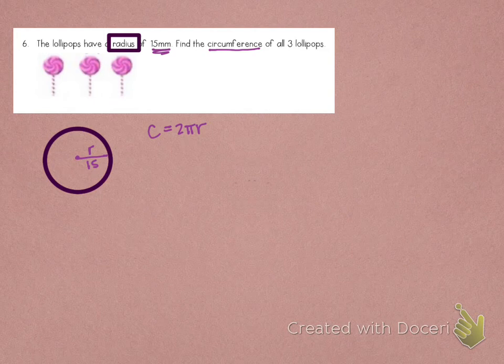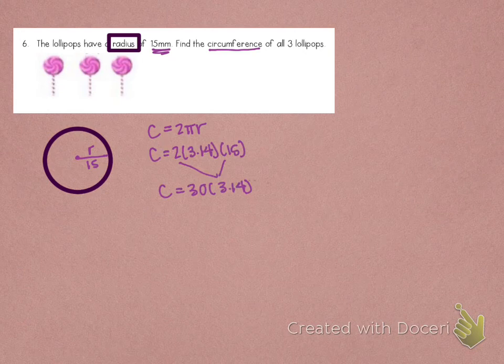Okay, so I want you to plug in and solve for circumference, and press play when you have finished. Just a spot check. When I plug into this formula, I multiply my whole numbers 2 times 15 first, just because it's a lot easier. If you didn't do that's okay, but just a heads up for next time.